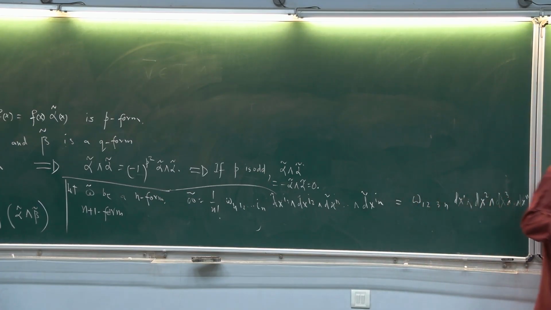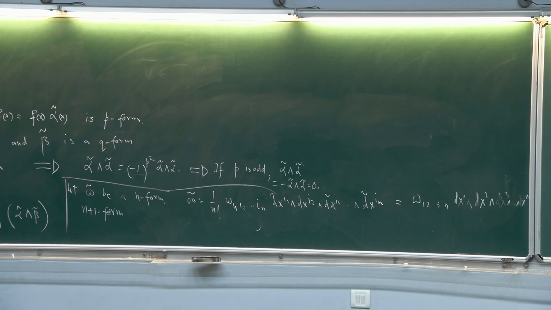No, wait. It depends whether you are putting the 1 over p factorial or not. If you just keep it like this, you will do all that and you will find that even if there was a symmetric part of Fij, that term will be 0.